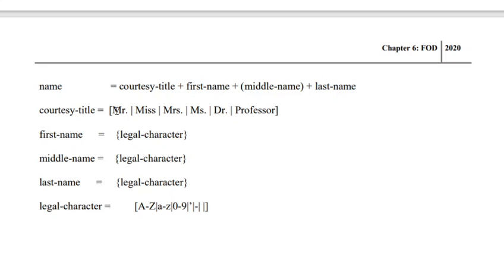Courtesy title can be any of these: Mr., Miss, Mrs., Doctor, or Professor. First name can be any legal character. Middle name can be any legal character. Last name can be any legal character. Now, legal character can be either A to Z or small a to z. So just see an iteration of this: the repetition of all of these characters may be any legal character.